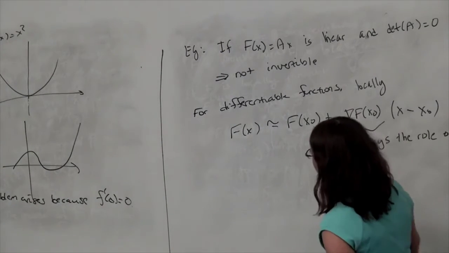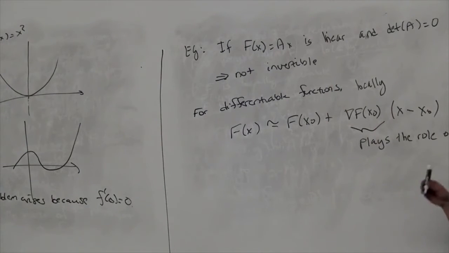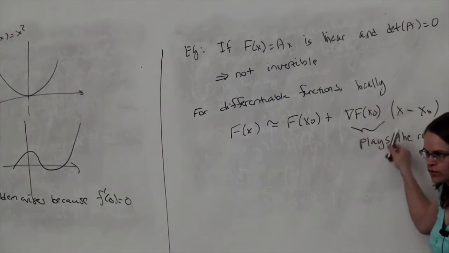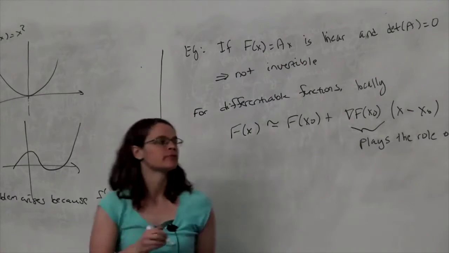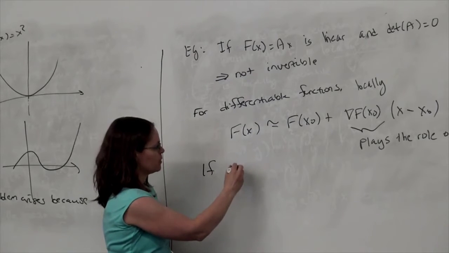Because given the 1D example, given my linear examples, this seems to be the theme: if this guy is 0, we lose local invertibility at those points. If it's non-zero, we're kind of in business and can invert everything. So this is a question I would probably ask.